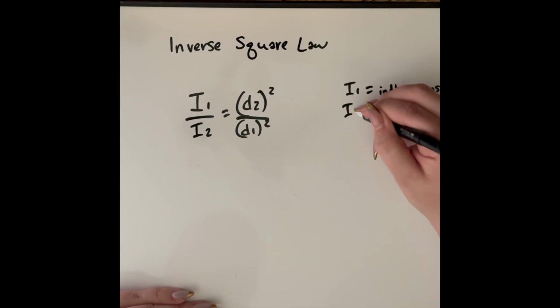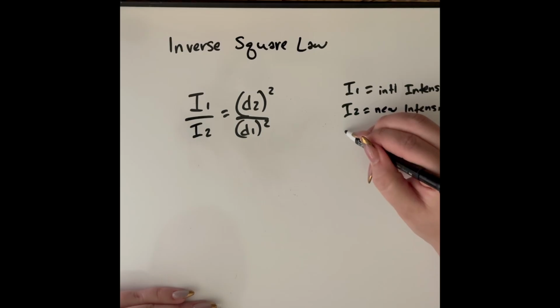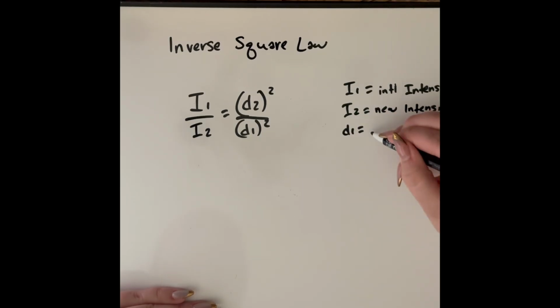Our I2 is our end intensity or our second intensity. This is usually what we're solving for. New intensity here. Our D1 and D2. D1 is our first distance or our initial distance.